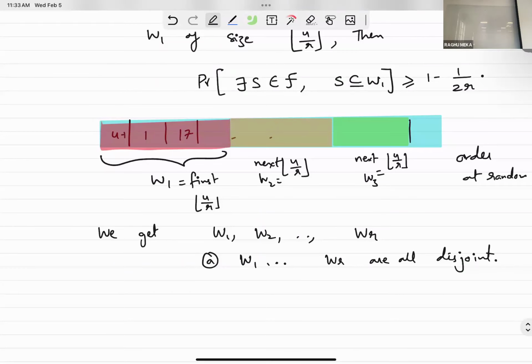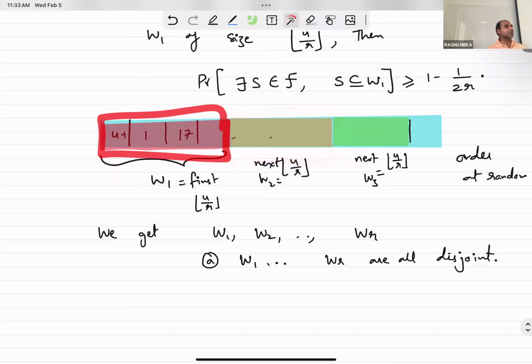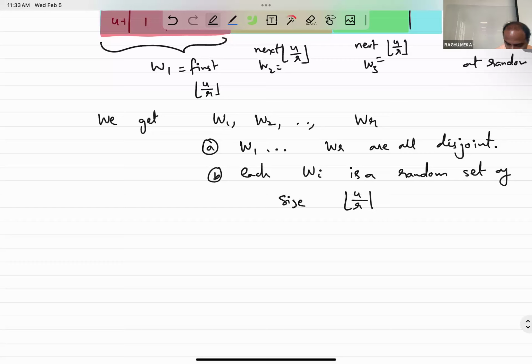But each one by itself is a uniformly random set of size exactly U over R. As a distribution, not as individual elements, they have the same distribution. So in particular, each Wi is a random set of size U over R.